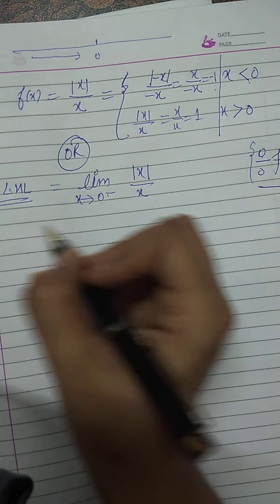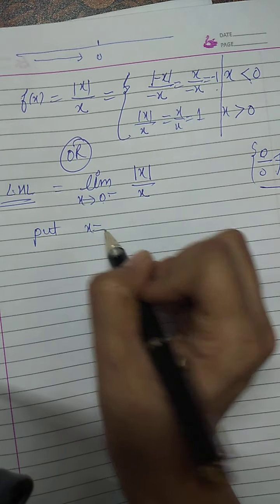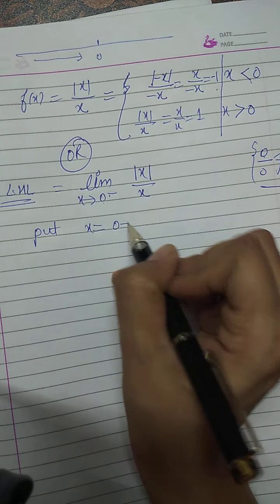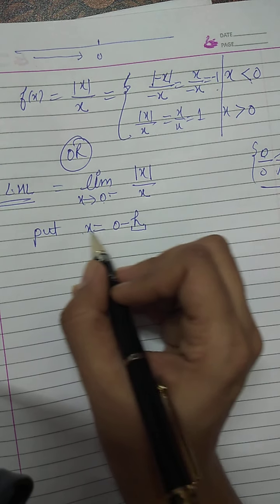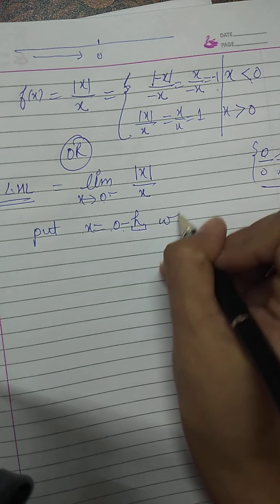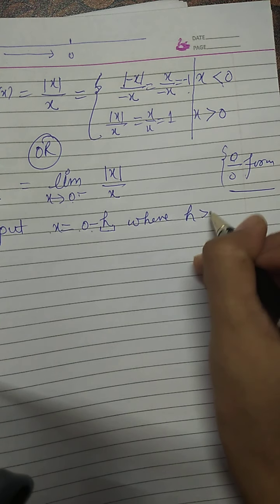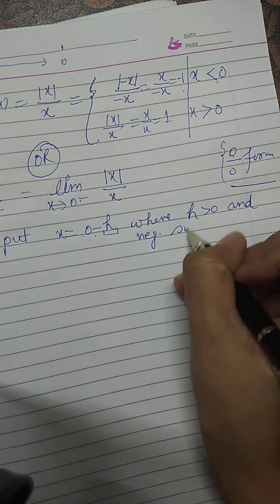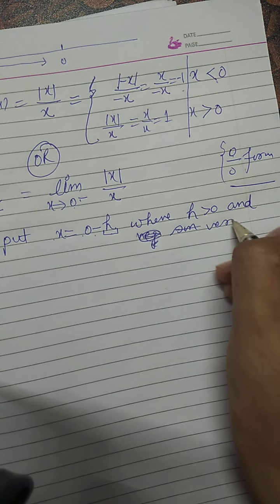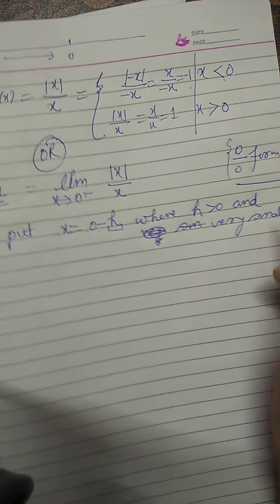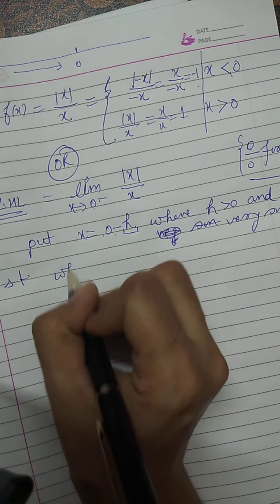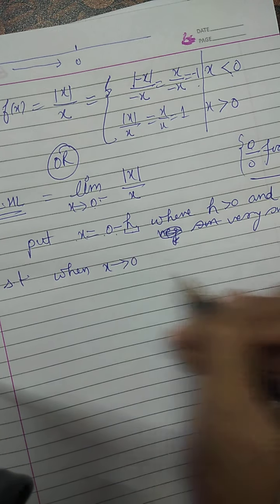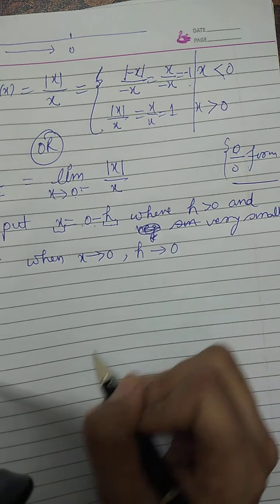So I will put x equals 0 minus h, some number which is less than 0, where h is positive and a very, very small number, such that when x approaches 0, h will also approach 0.